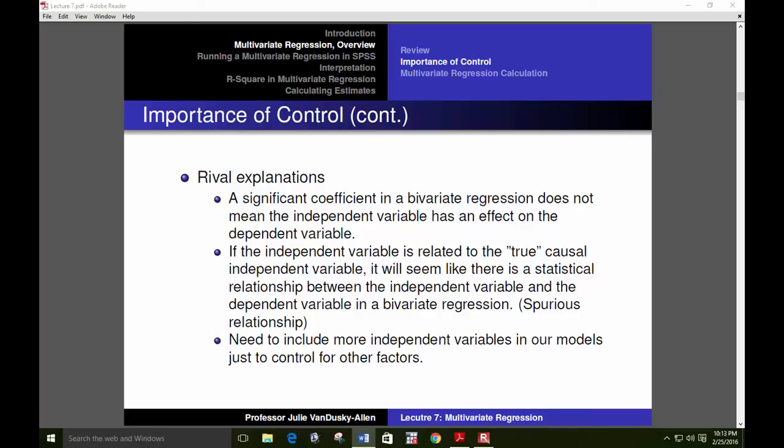It is the true causal variable that is driving the relationship, but we did not include that true causal variable in our bivariate regression. This phenomenon is what is known as a spurious relationship. Hence, we need to include more independent variables in our model just to make sure our results are not driven by spurious relationships.